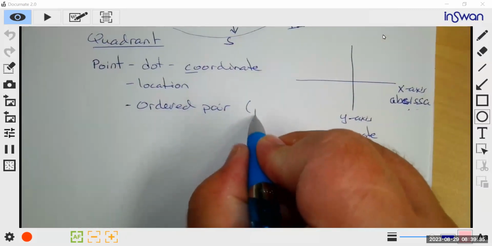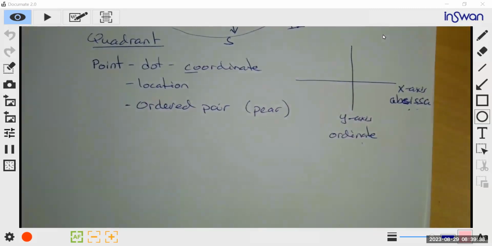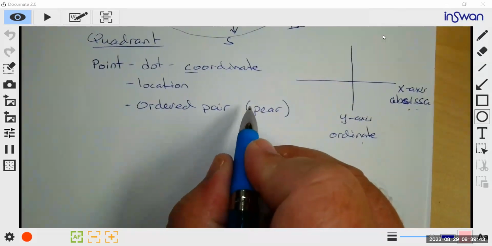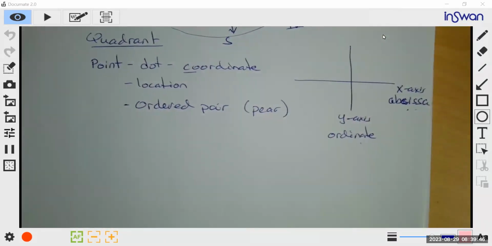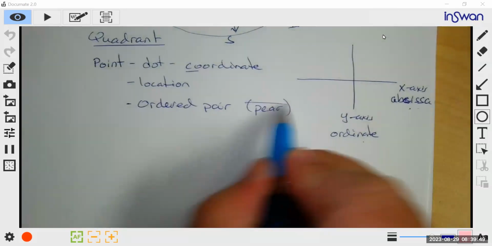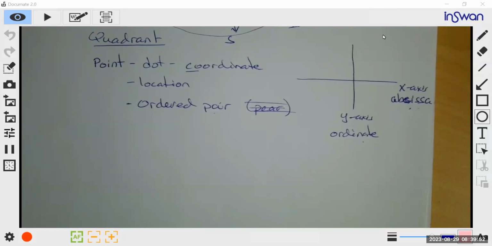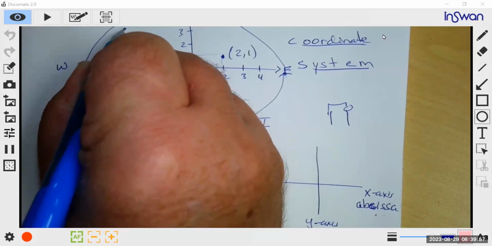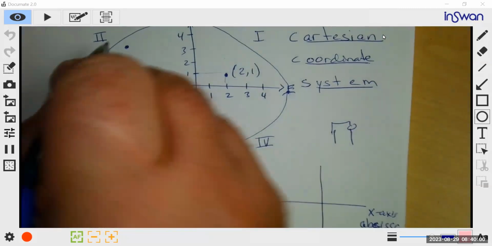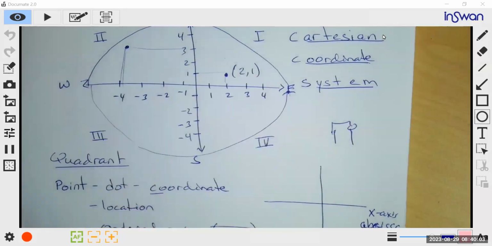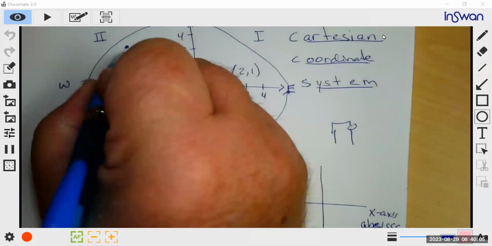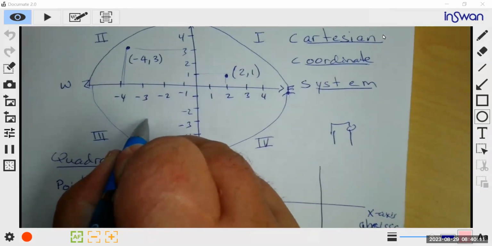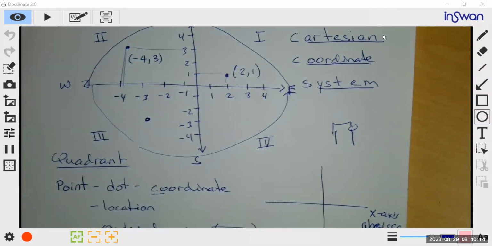I had students in the past that would spell it this way. They must have been culinary students. They really thought that's what it's about. Because they said it's ordered pair because I ordered a pair. No, it's a pair of points. And then what's this location? Can't get this one wrong.